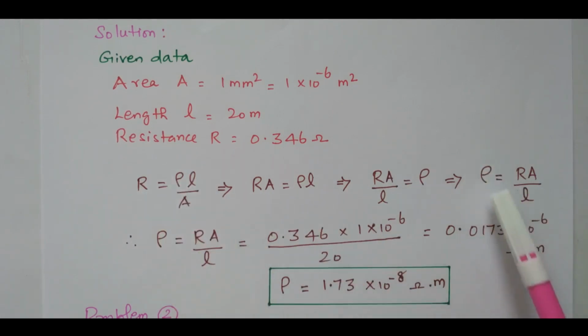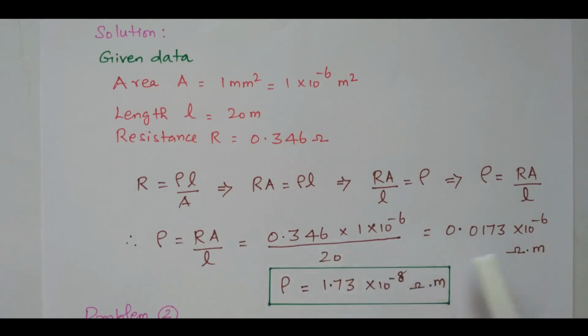Now we substitute: R is 0.346, A is 1 into 10 to the power minus 6, and the length is 20 meter.